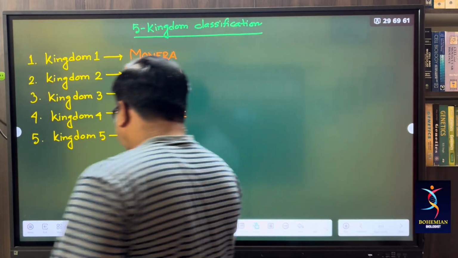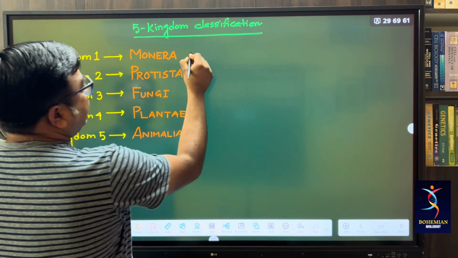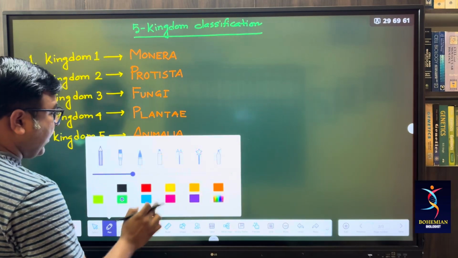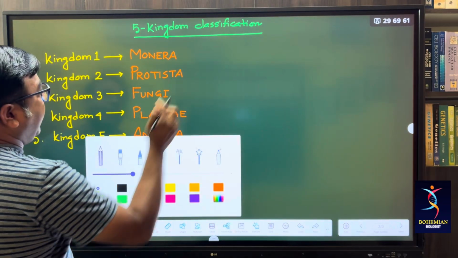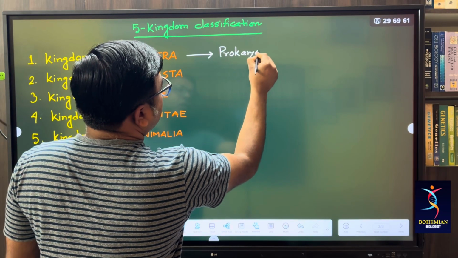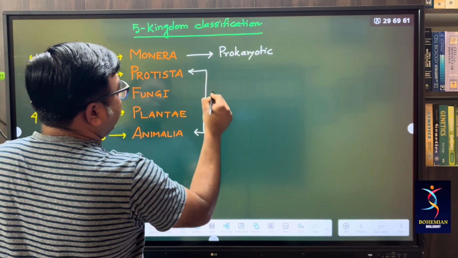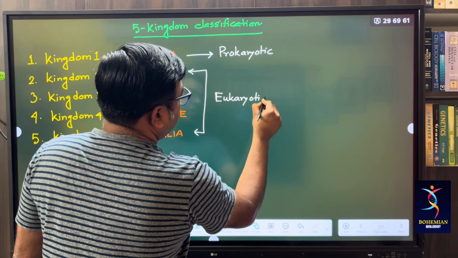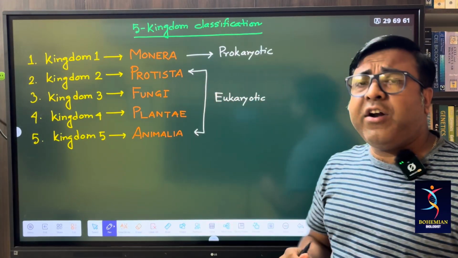What is the basis of this classification? Why is this classification done? This is done in accordance with the characteristics. Monera is basically prokaryotic, and the rest are all eukaryotic. You already know about prokaryotic and eukaryotic cells.